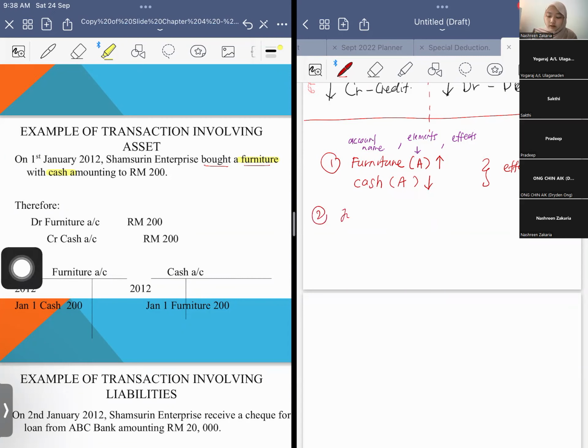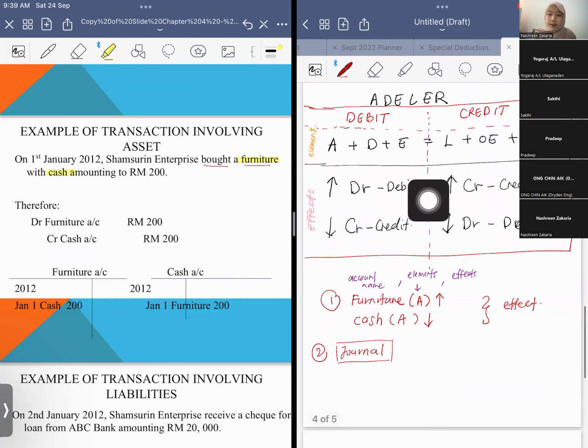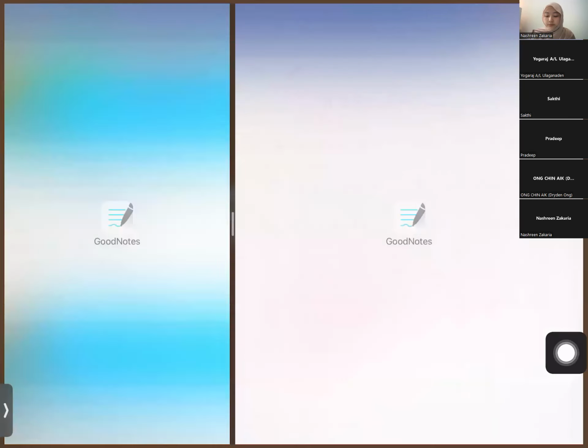Journal. Okay. When you want to prepare a journal, you need to refer to this formula. Don't look at the slide, you'll get confused. Just look at my notes here.